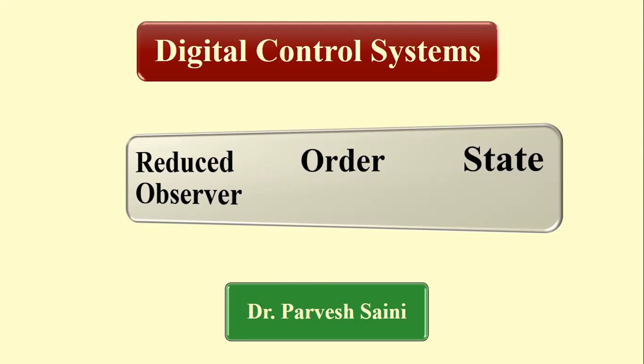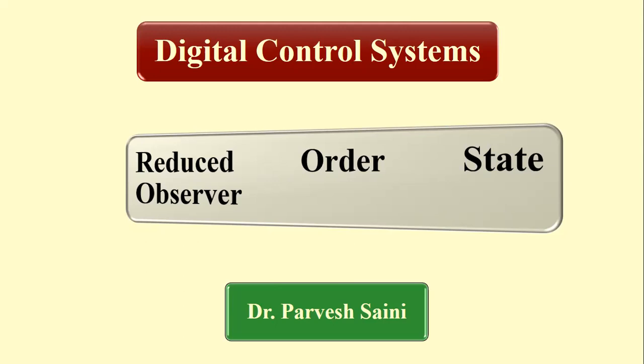That means they can be directly measured. And if we want to measure all the states of the system, then all the states should be observable, one thing.